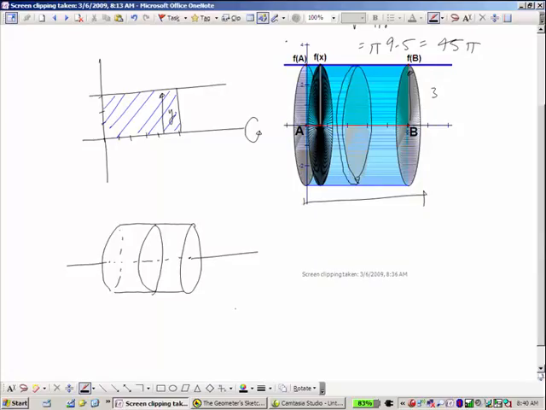Each disk has a very, very thin width, and that width is actually along the x-axis. What should we call a really thin width along the x-axis? It's getting close to 0, but it's not.